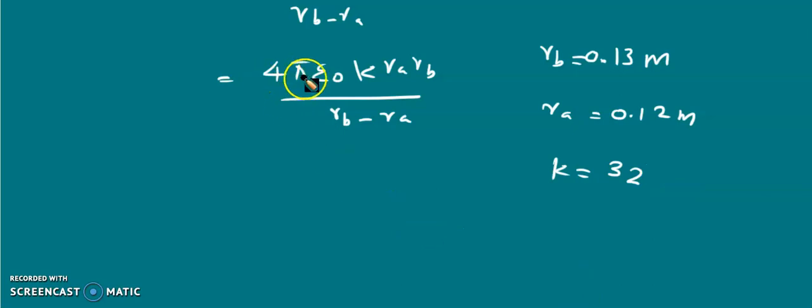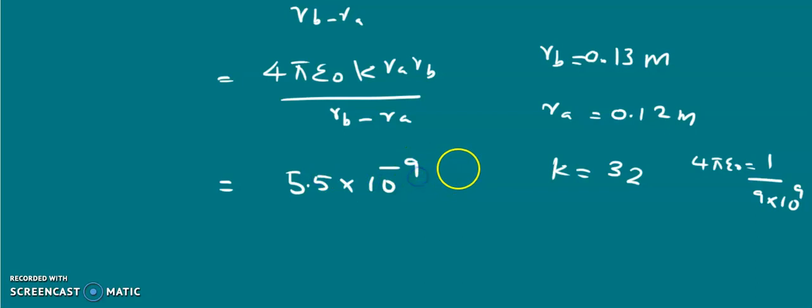We know that 1 over 4 pi epsilon 0 is 9 into 10 to the power 9, and therefore 4 pi epsilon 0 is 1 by 9 into 10 to the power 9. Substituting, you get the effective capacitance. Please complete this, and the answer is 5.5 into 10 to the power minus 9 farad, that is 5.5 nanofarad.